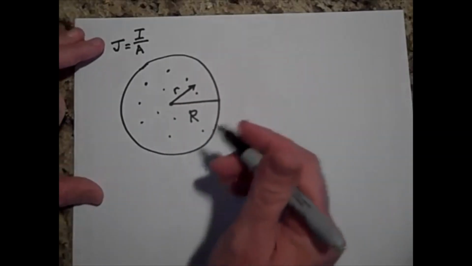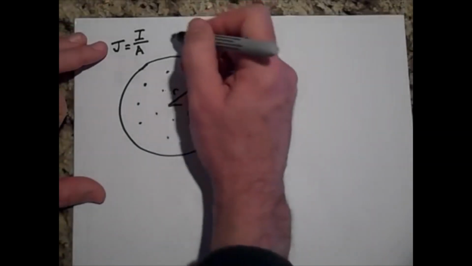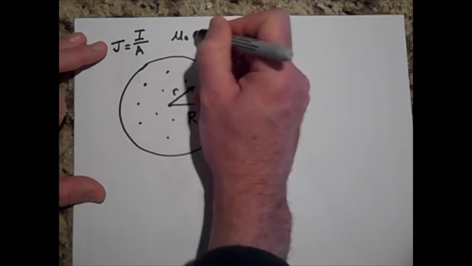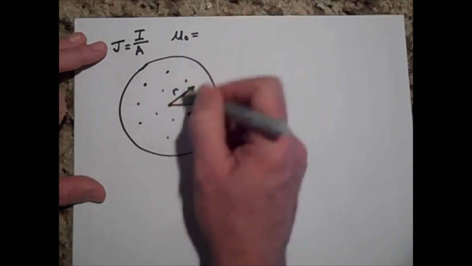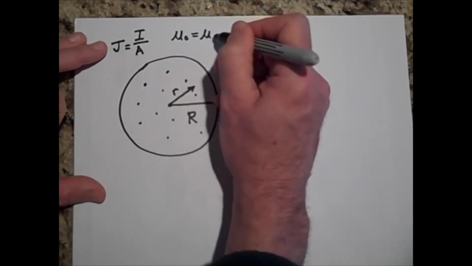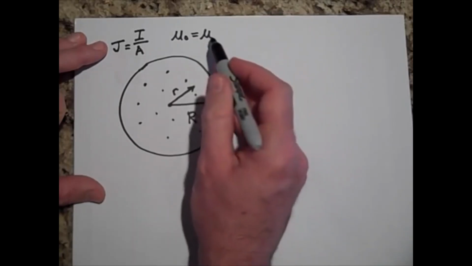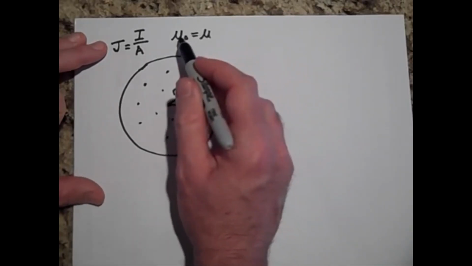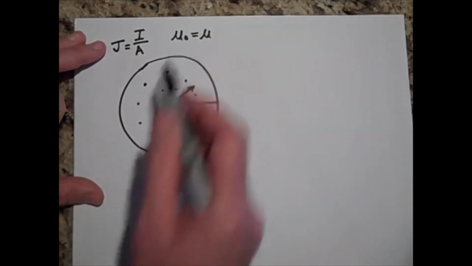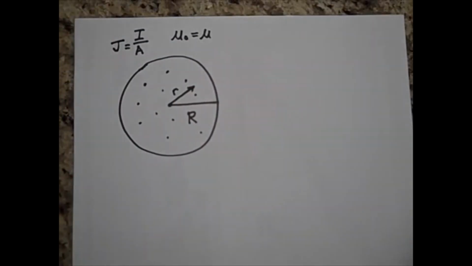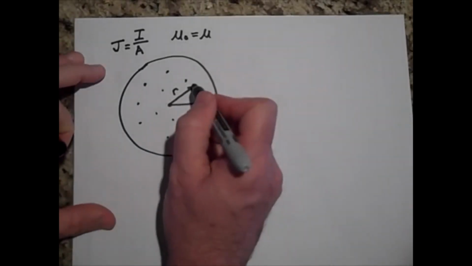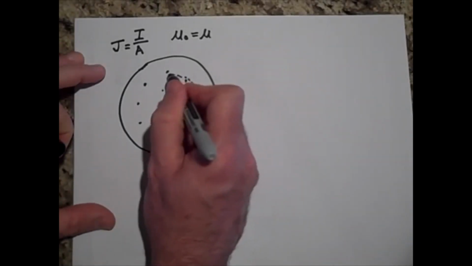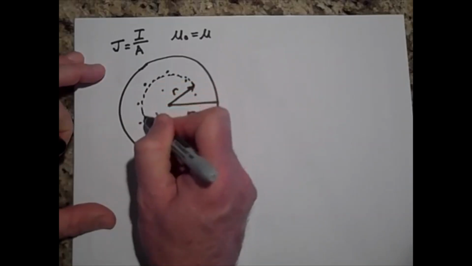And we also have to make one other assumption, and that is that mu naught is equal to the mu of this material. So this material has its own permeability, and let's say that it's pretty much equal to the permeability of free space. Okay, so if I want to know the magnetic field there, I'm going to draw an Amperian loop, and this Amperian loop is going to be circular.